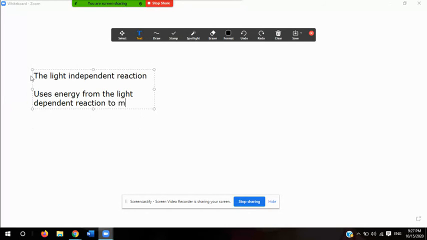It says that these reactions occur in the stroma of the chloroplasts, so that's important to know.